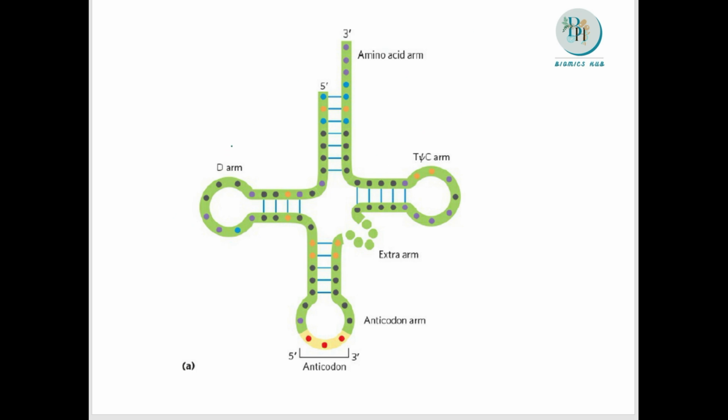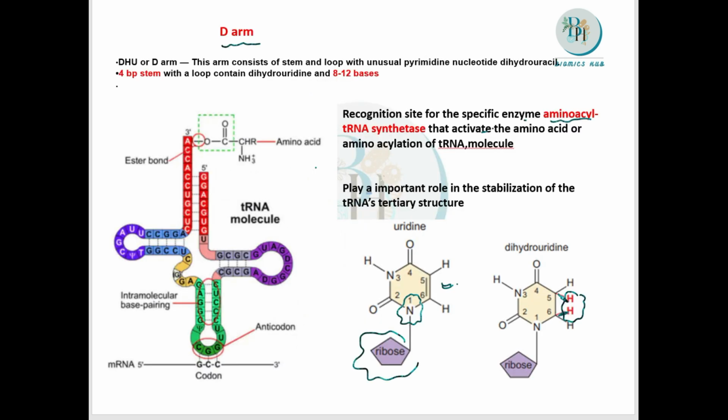The D arm has 4 bases, like 1, 2, 3, 4, which form the stem-like structure, and this is the loop-like structure, which is made up of 8 to 12 bases. This is all about the D arm. It also helps in the stabilization of the tRNA's tertiary structure.